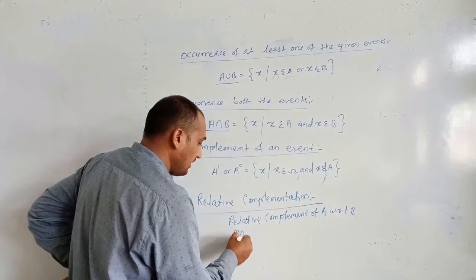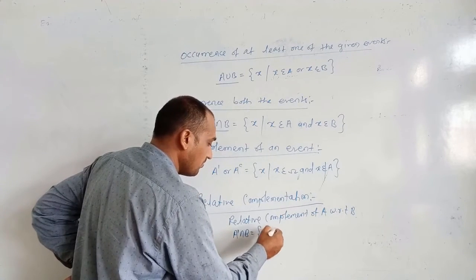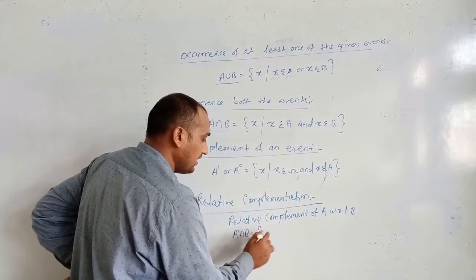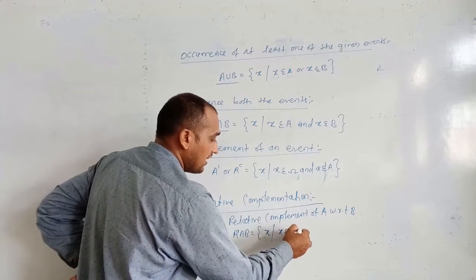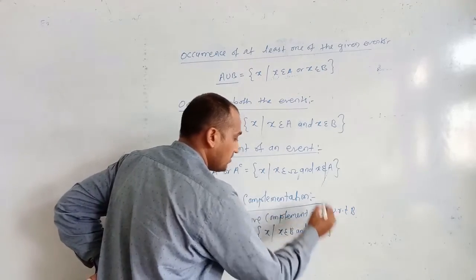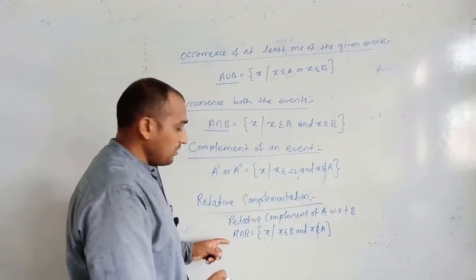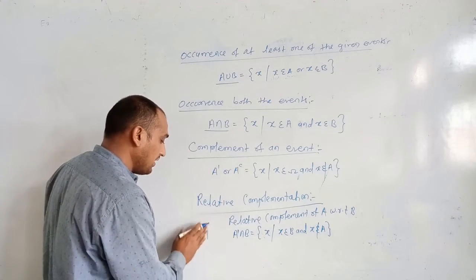A complement intersection B, which contains the set of values of x such that x belongs to B and x does not belong to A. So, this part is my relative complement of A with respect to B. It is denoted by B minus A.